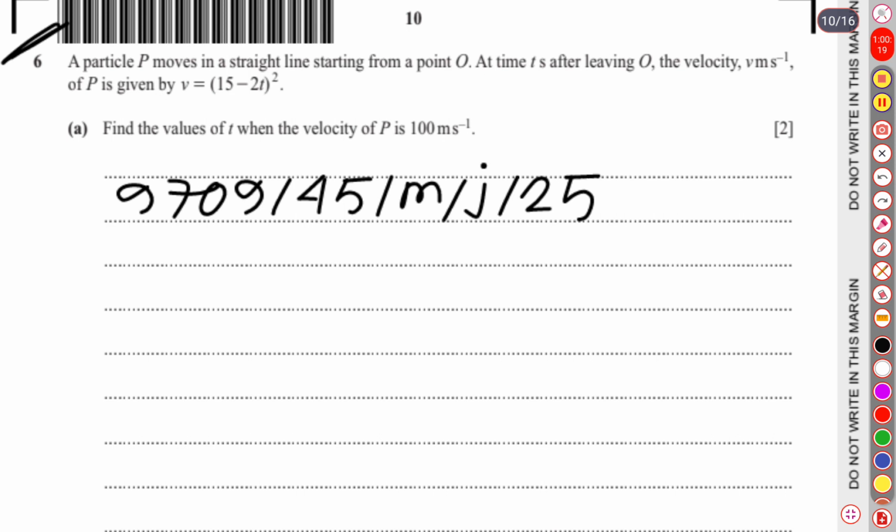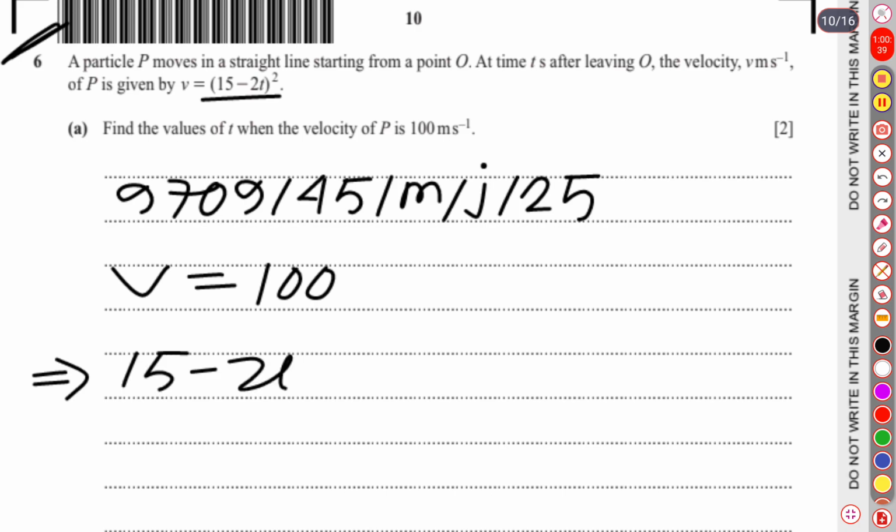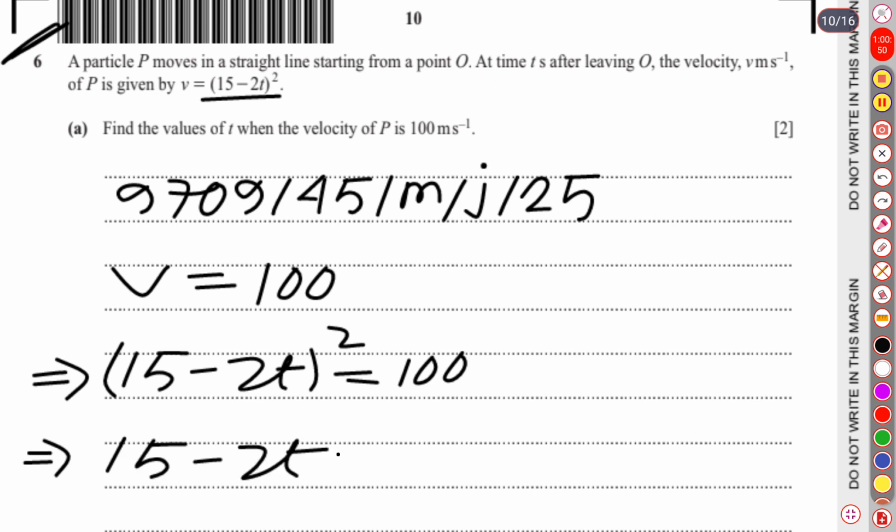Well, so velocity is given. They have told us v is 100 meters per second. So the expression of v, (15 minus 2t) whole squared, is equal to 100, or 15 minus 2t is equal to positive or negative 10.